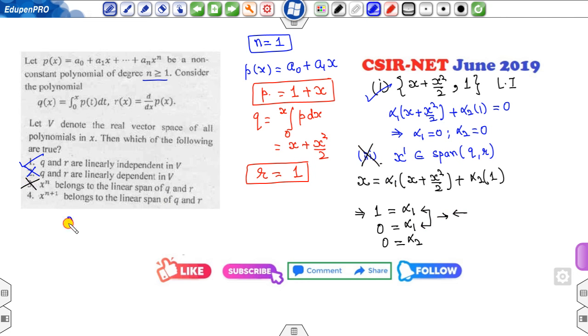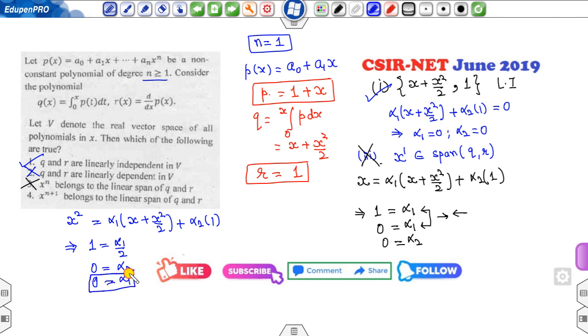x to the power n plus 1, that means x², belongs to the span of Q and R? x² equals alpha 1 times (x + x²/2) plus alpha 2 times 1. You can equate the coefficients: x² is 1 equals alpha 1 over 2, the constant is alpha 2, the coefficient of x is 0 equals alpha 1.